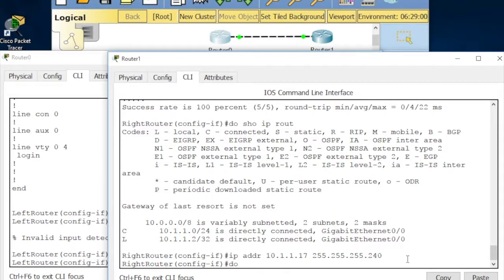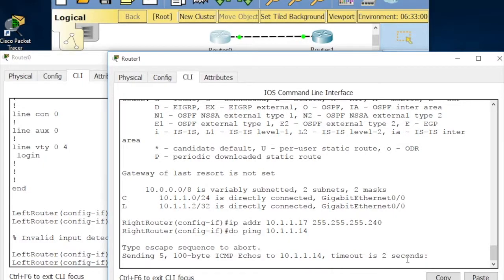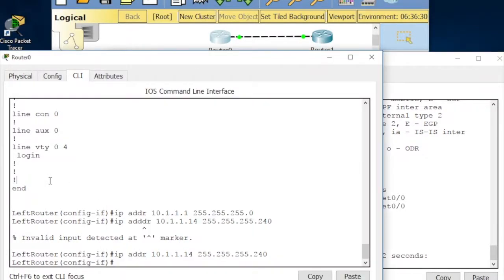Do ping 10.1.1.14. Yeah, we don't get anything with this. Let's look at why that is the case. I see here that I have a mask ending in 240.